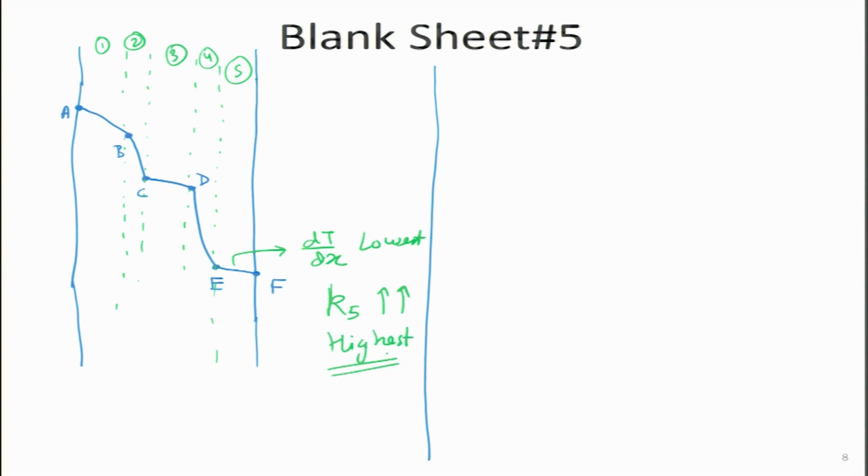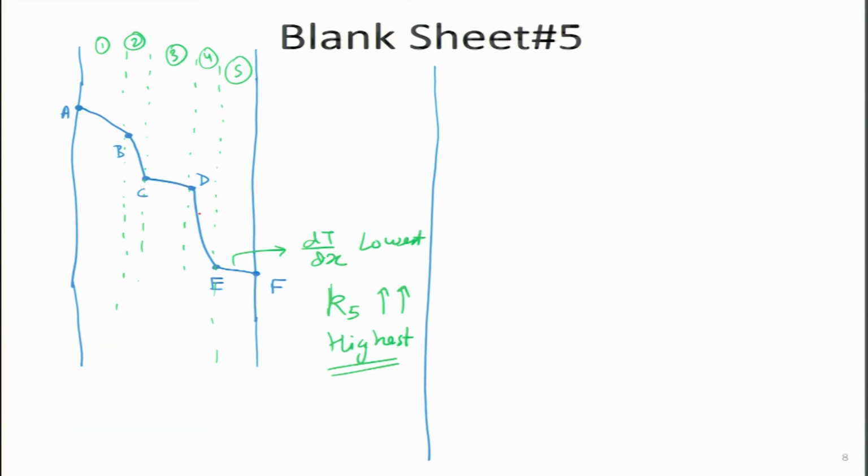This is a good logic which works over here, which means we can even predict the inverse. Which of these 5 sections is having the lowest thermal conductivity? The answer would be reverse: wherever the temperature gradient is the highest. Let us go and look over here. It appears that the temperature gradient is highest perhaps in section 4, which means K4 is the lowest.